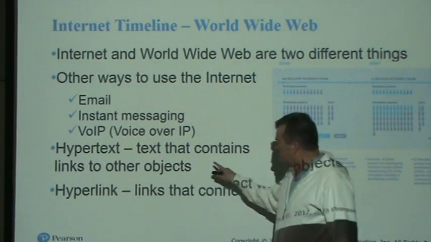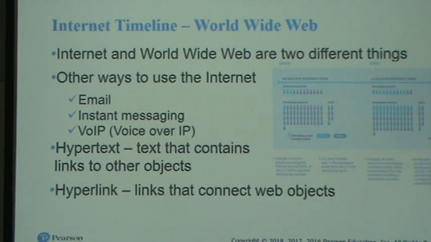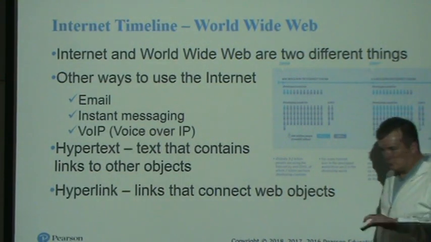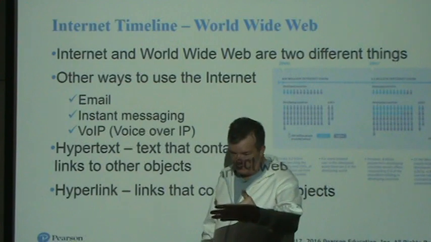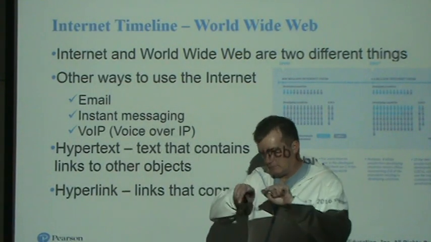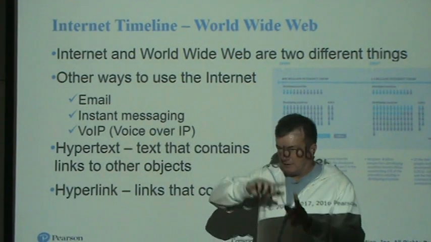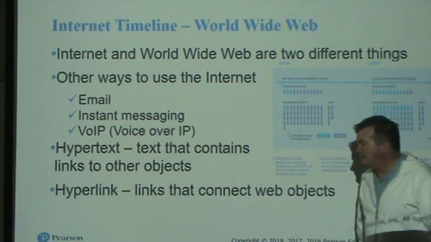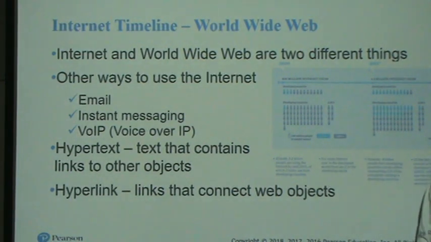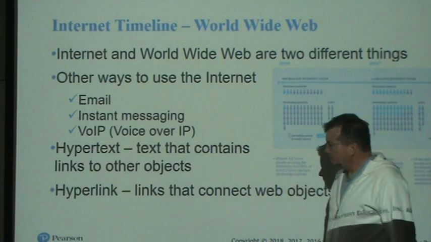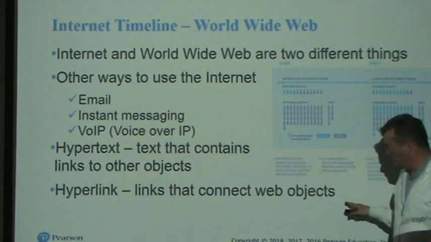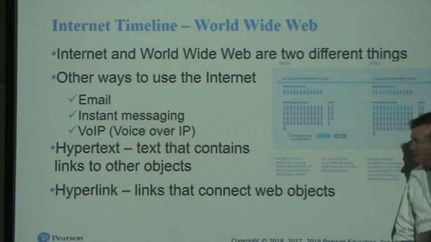Hypertext is text that contains links to other objects. So if you go to a web page, and from that web page you see a button or a sentence, and you click on it and it takes you to another page, that's called a hyperlink. A hyperlink takes you to objects on the internet.